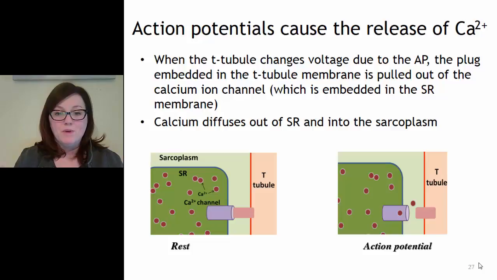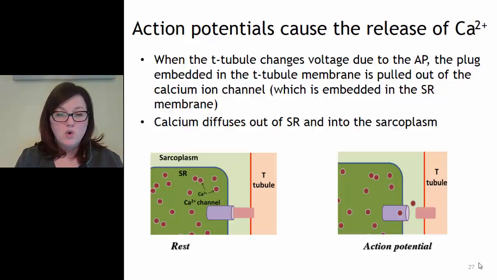Down on the bottom, we can see two pictures. One is what the situation looks like at rest, and one is what it looks like when the cell is experiencing an action potential, right? So let's take a look at the at-rest picture. We can see the sarcoplasmic reticulum labeled SR. This is our storage sac filled with calcium, okay? We can see the sarcoplasm, which is the cytoplasm of the muscle fiber, right?